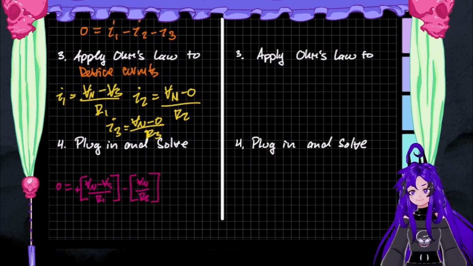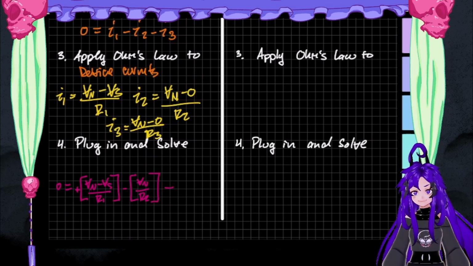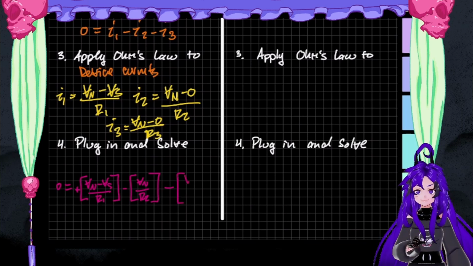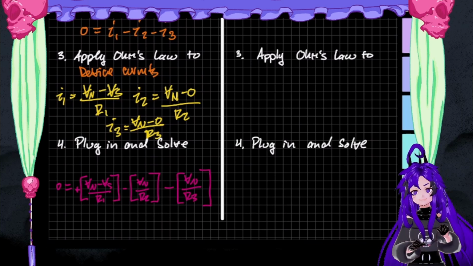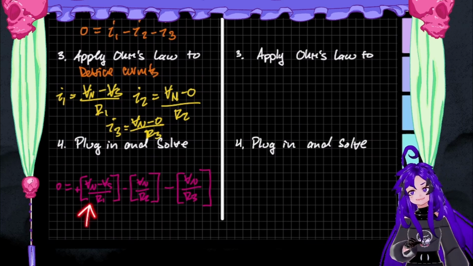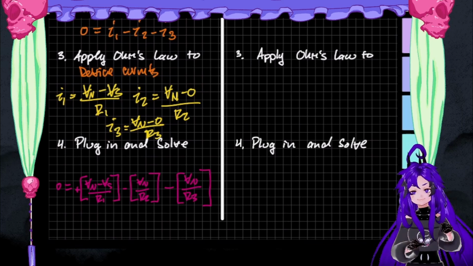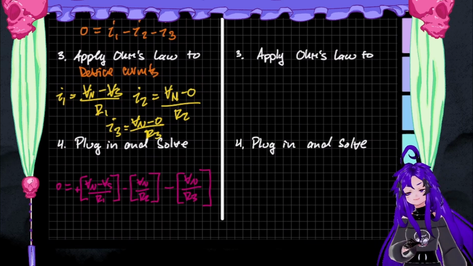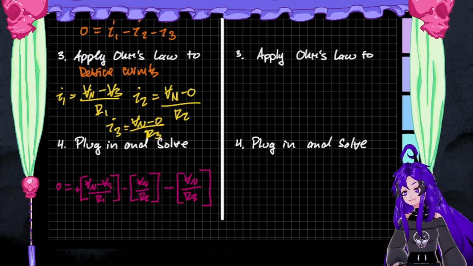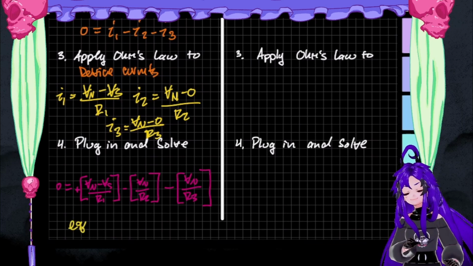We know it's 0. Then minus Vn over R3. And that's it. If you had values, you'd plug them in and put this into a solver. If you, I don't know, Google equation solver.